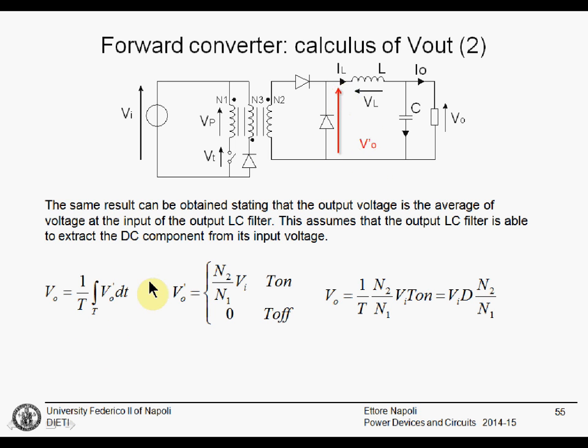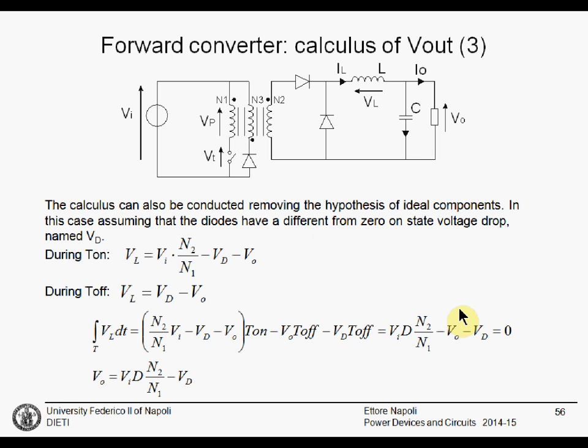And since Vo first is N2 divided by N1 multiplied by Vi during the on phase and 0 during the off phase, the average of this Vo first will be exactly Vi multiplied by N2 divided by N1. This is also a very simple way to calculate the input to output relation for the forward converter.